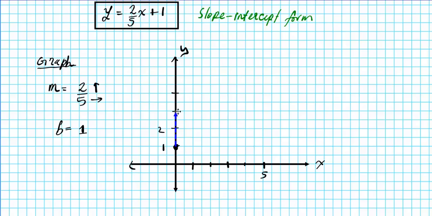All right, so rise 2, and then you run 1, 2, 3, 4, 5. That takes you to the next point that defines the line. Point there, 1 point here, and then you draw a line through the 2 points, and that's the desired line that you're expected to graph. Okay, so there goes your line.